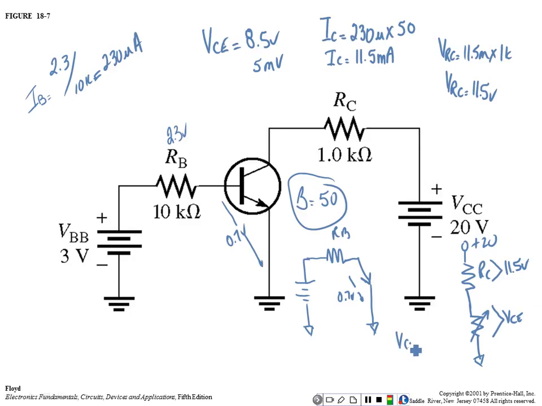So voltage collector to emitter would be equal to 20 minus 11.5. My voltage collector to emitter would equal what? 8.5.